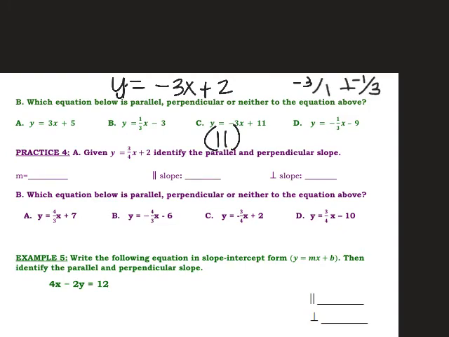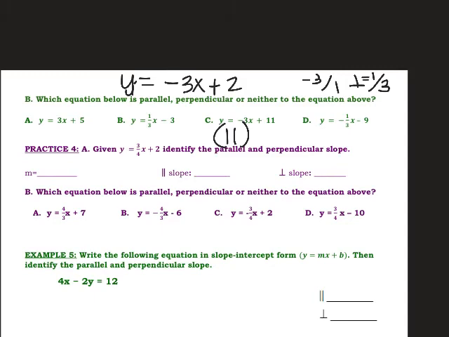So which one has a perpendicular slope of 1/3? Oh, but it's a positive. B. Yes, that one's perpendicular. So then these two would be the neithers. Sorry. I had moved my notes down to give you more room to write on the last page, and I didn't realize these two went together.